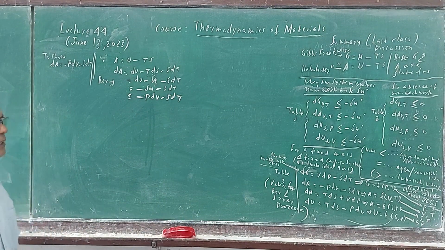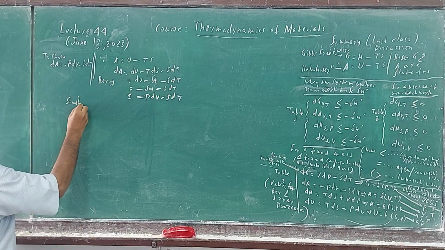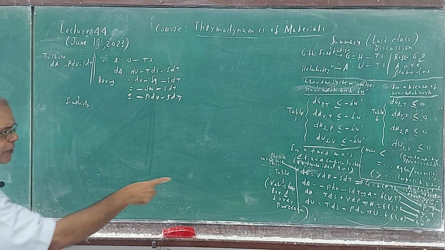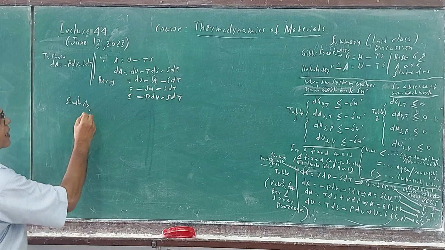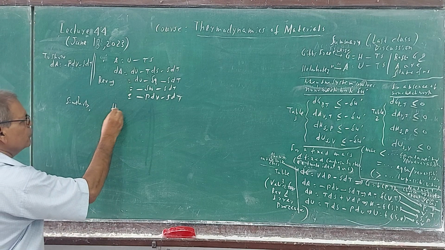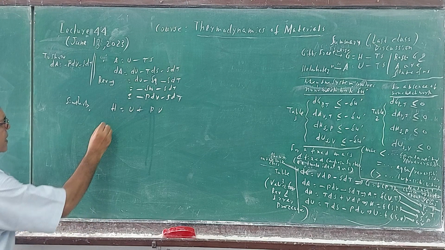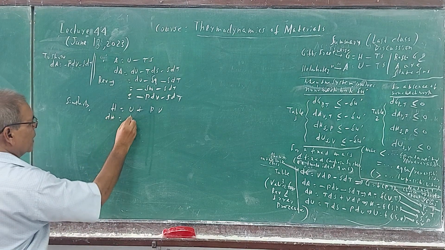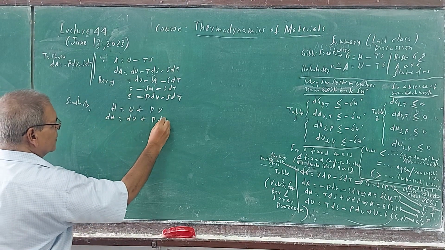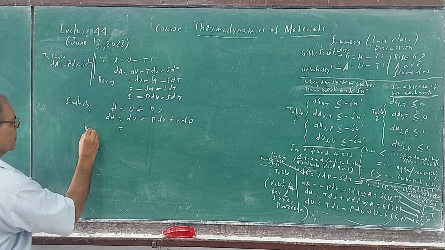Similarly, next one. H is U plus PV. dH is dU plus PdV plus VdP. Apply reversible.